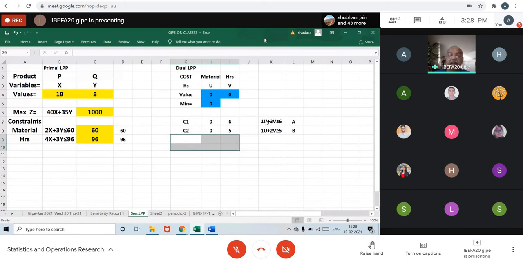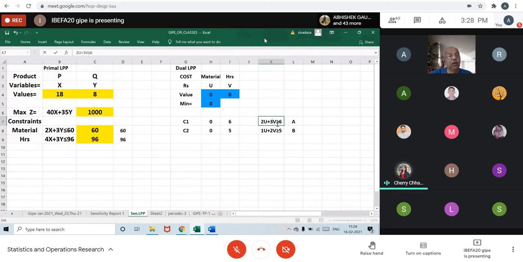What are the constraints? Come on. What is the first constraint? 2U plus 4V, sorry, 4, is greater than or equal to 40.